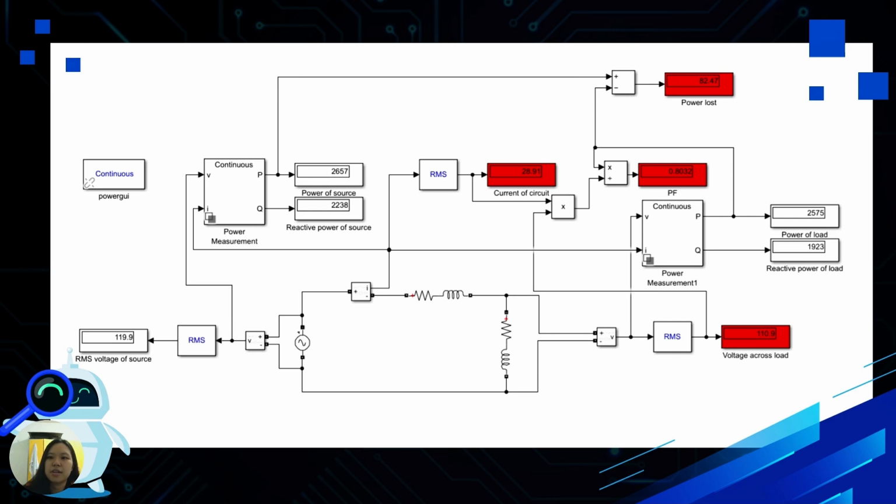Besides that, the RMS voltage of source is around 200 volts, but the voltage across load only has 110.9 volts, which is far from the RMS voltage of source. In addition, the power loss from the circuit is 82.47 watts and the power factor is 0.8, and it draws 28.91 amperes of current through the circuit.